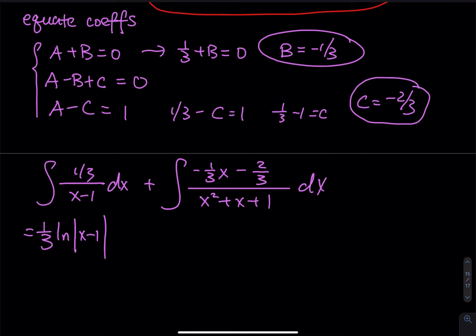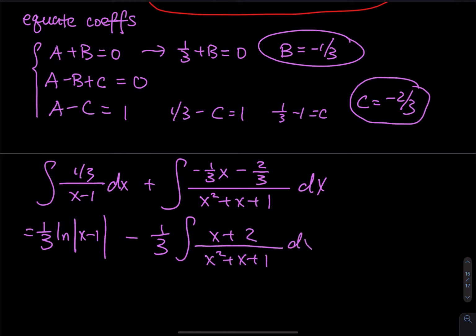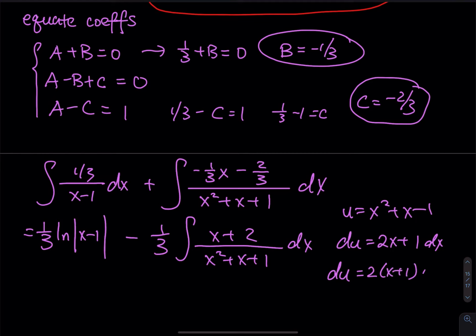And then the next one, I would like to factor out 1/3. So there are no more fractions on top, so this will be x plus 2 divided by the irreducible factor dx. And then most people might say, hey, let's try u substitution. u equals x squared plus x plus 1, and then du equals 2x plus 1 dx.